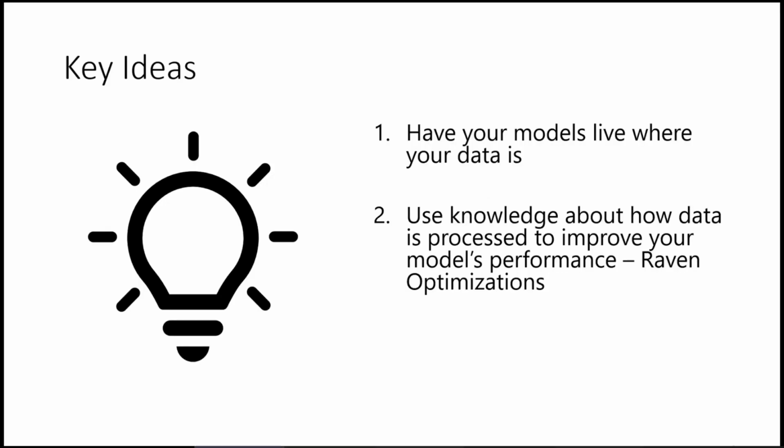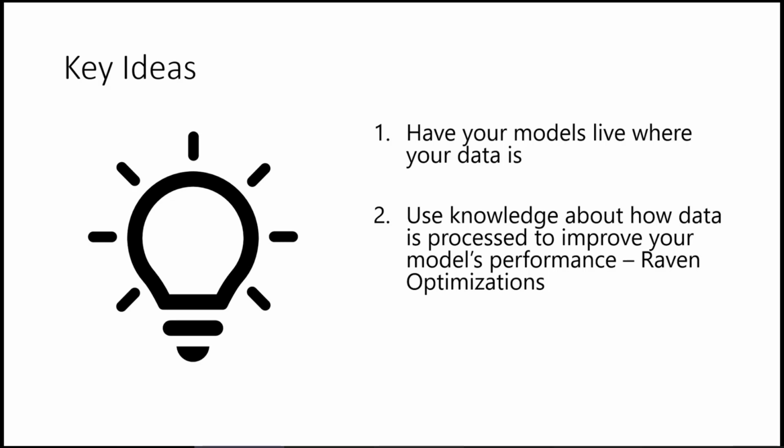So the key ideas here are, one, we get this improved experience by having models live where our data is, because everything is together. But then, one of the areas of optimization we introduced with Raven is exploiting the fact that we have our data and the models together. Can we use knowledge about how our data is being processed to improve the runtime performance of our models?